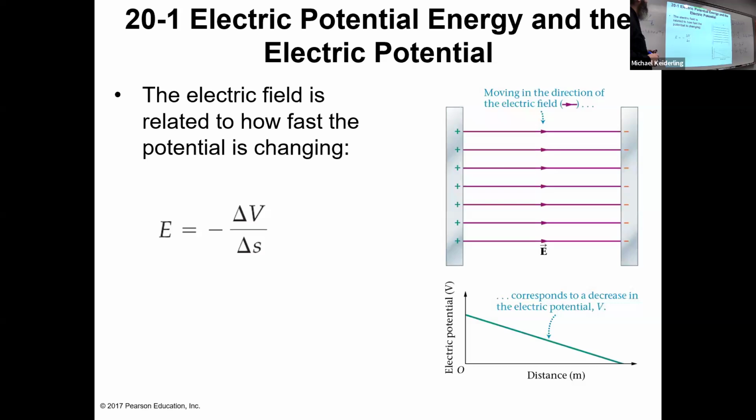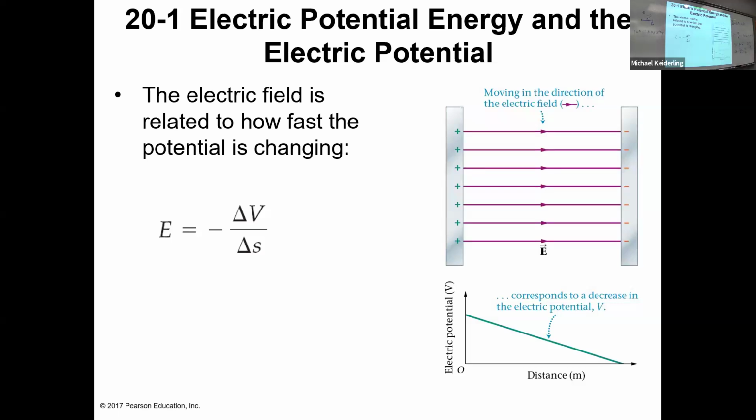And the electric field is related to the rate of change of the electric potential. So the electric field is the derivative of potential over distance. It's minus the derivative of potential over distance, so it's minus delta V over delta S if it's constant, or minus dV/ds.